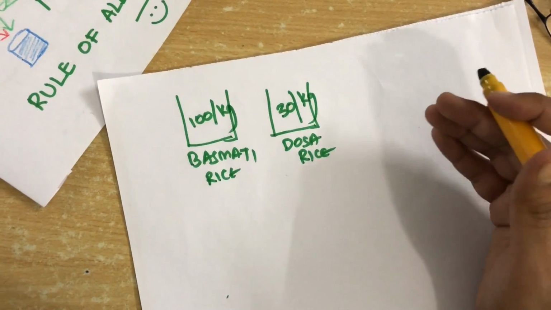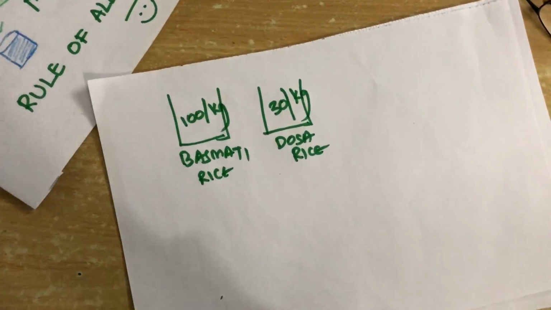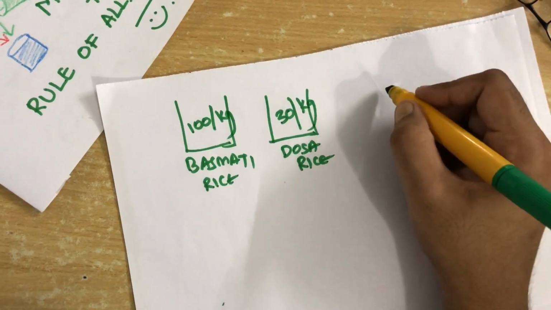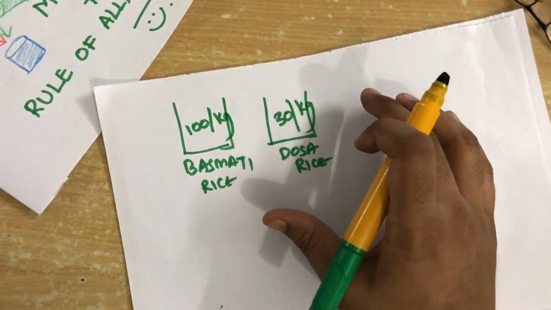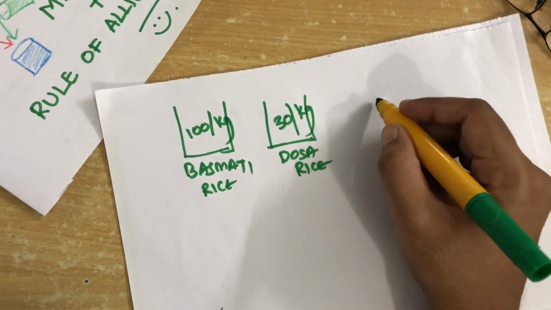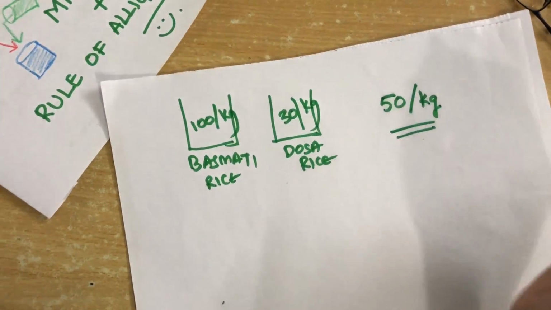Now he really wants to make this available to everybody at a cheaper price. So he wants to make and sell this mixture at a price of 50 per kg.